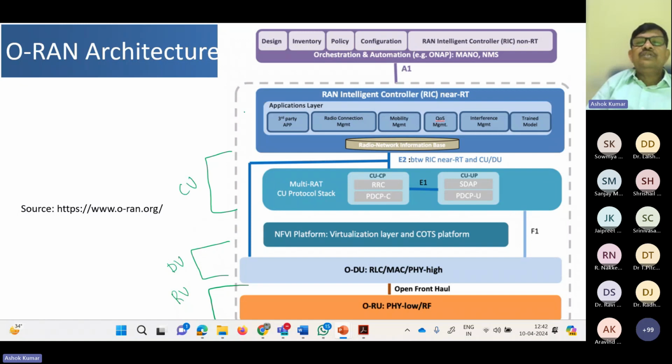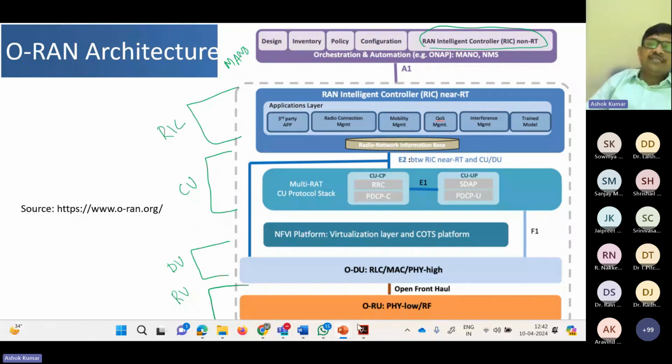And I just talked about the radio intelligent controller, so the RIC part is here. And then I have MANO, management and orchestration. Along with that, I also have the non-real-time RIC on the top.